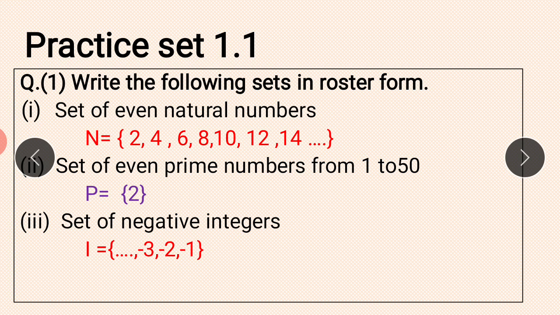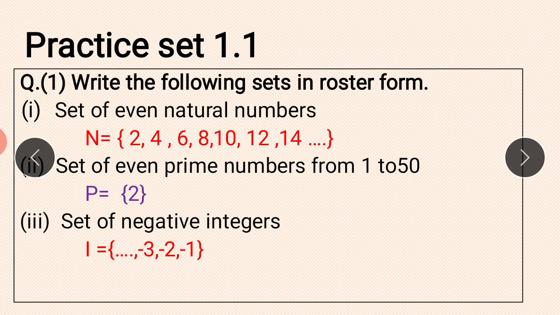Second example: set of even prime numbers from 1 to 50. Which is an even prime number? 2. Very good. P is equal to curly bracket 2, curly bracket complete. This is the answer.